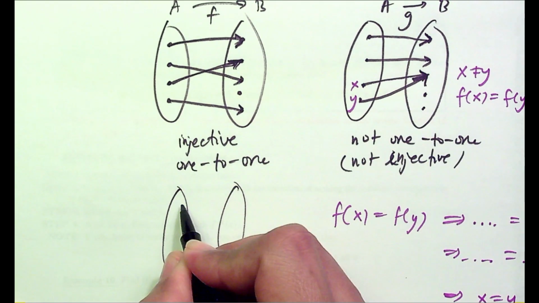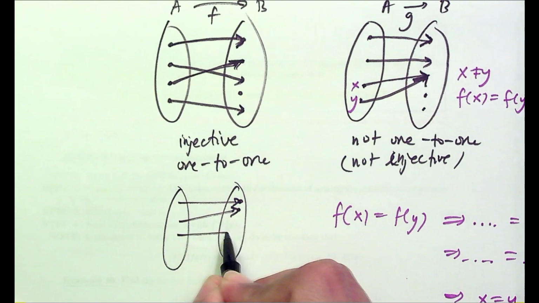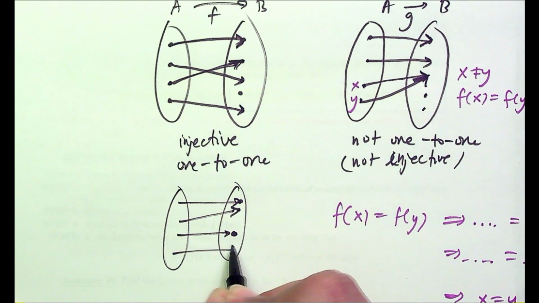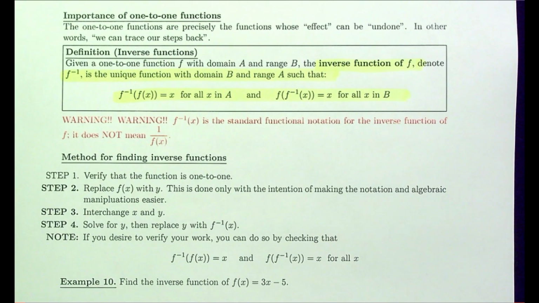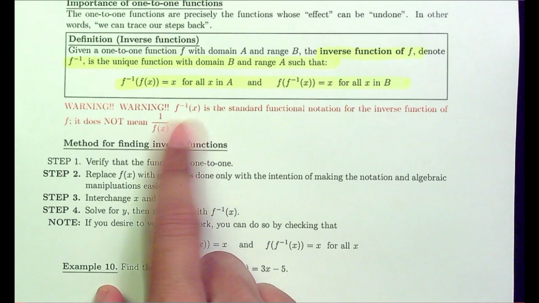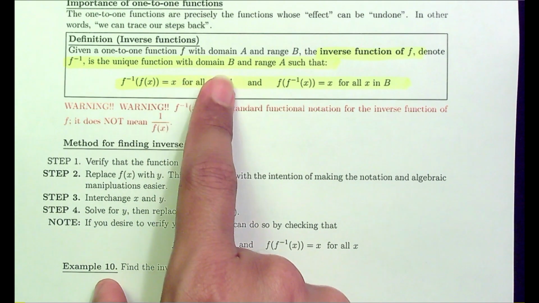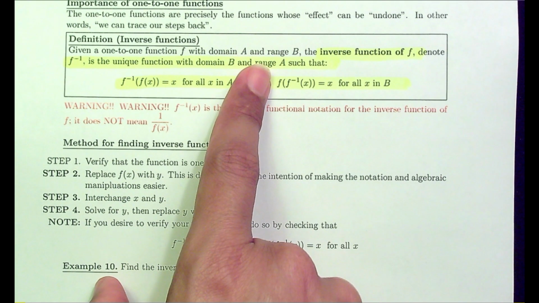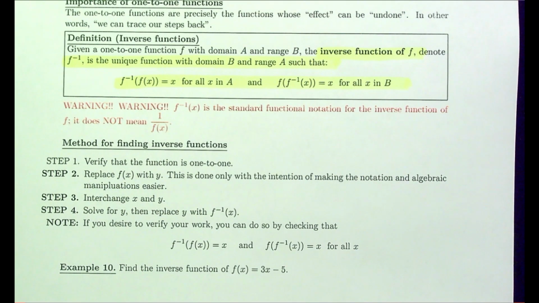There's the different outputs, by the way, so there's no things left hanging. All right, so we're not going to worry too much about that, but assuming that the codomain is the same as the range, the set of all possible outputs is exactly the same thing as the set of all outputs.